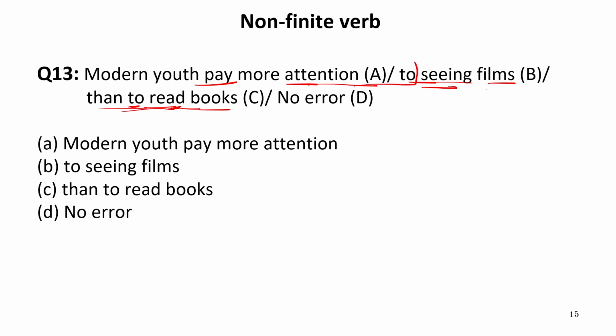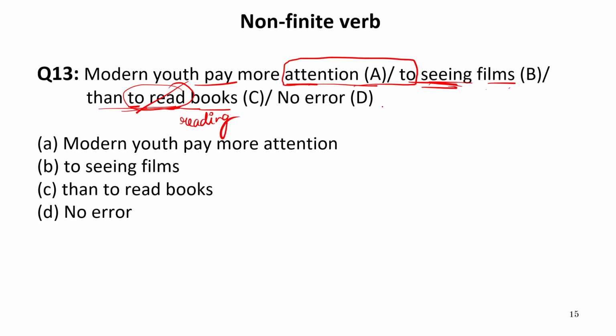This "attention to" is a phrase after which we use a gerund. So this seeing is correct over here. So this to read should be replaced with reading, because we need a gerund over here.